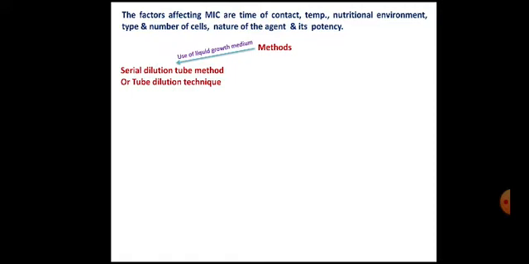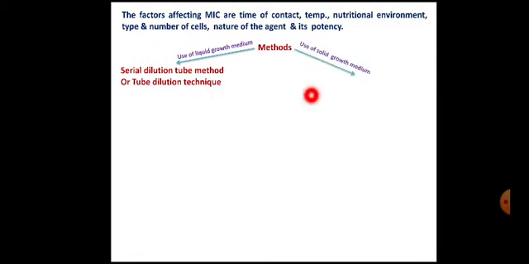In this method, we make use of a serial dilution tube technique, which we learned in theory last semester under the quantitation of fermentation product. It is also called the tube dilution technique, which is carried out in liquid growth medium.